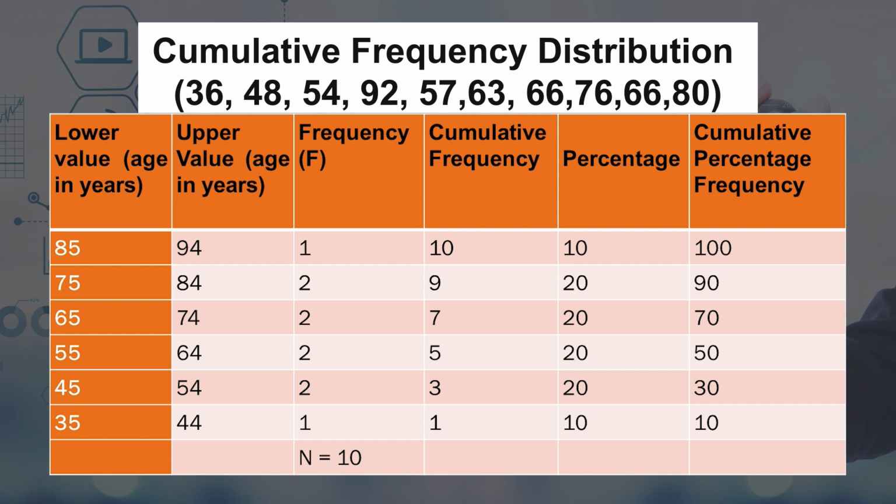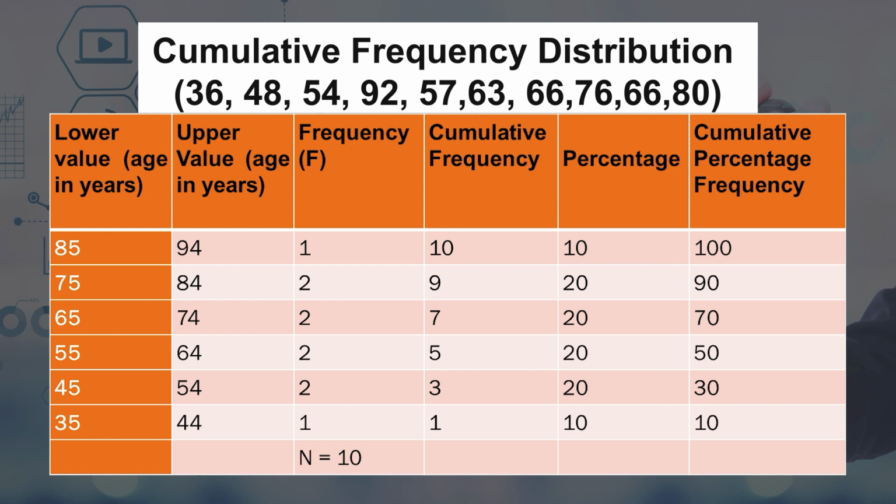Because the lowest is 36, it will fall under 35 to 44, the highest being 92, which will fall between 85 to 94. Accordingly, whatever the raw data is, we are going to classify the groups. And then we will calculate how many frequencies are falling in each.